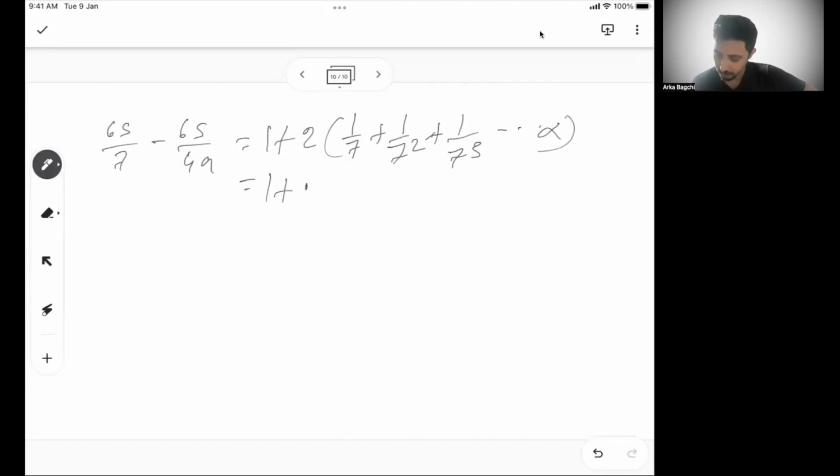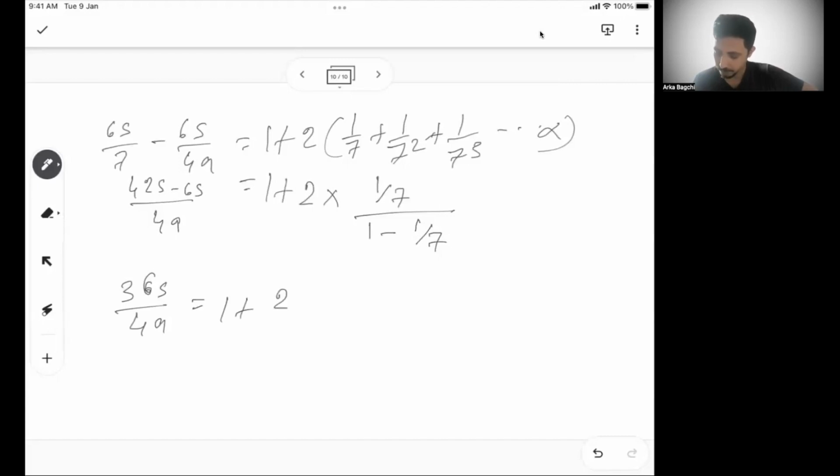So 1 plus, you take 2 common, a by 1 minus r, we said. So a is 1 by 7, the first term, and r is again 1 by 7. So the left hand side becomes 42s minus 6s over 49, that is 36s by 49, equal to 1 plus 2 into 1 by 7 into 7 by 6.